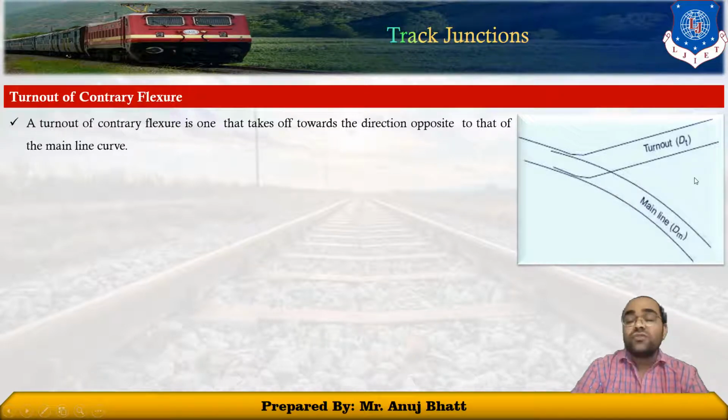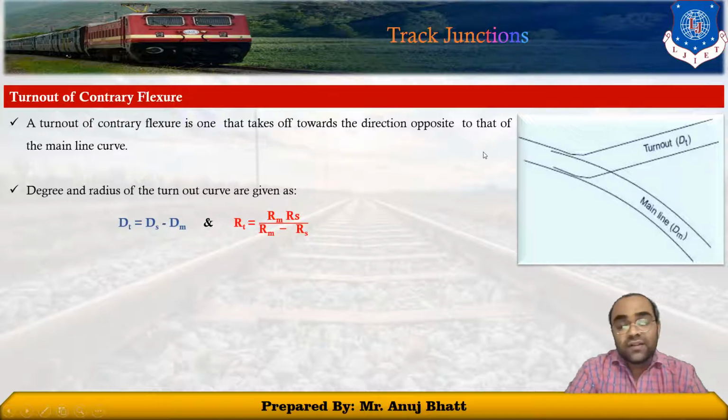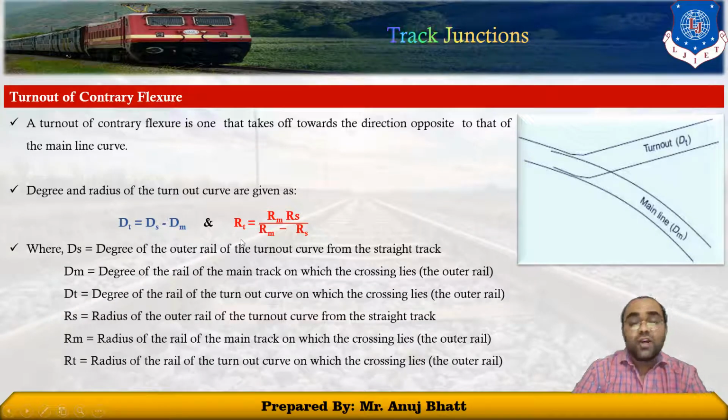This type of track junction is called a turnout of contrary flexure. Again, the degree and the radius of that curve matter, and they can be found out by these two formulas, with this notation.